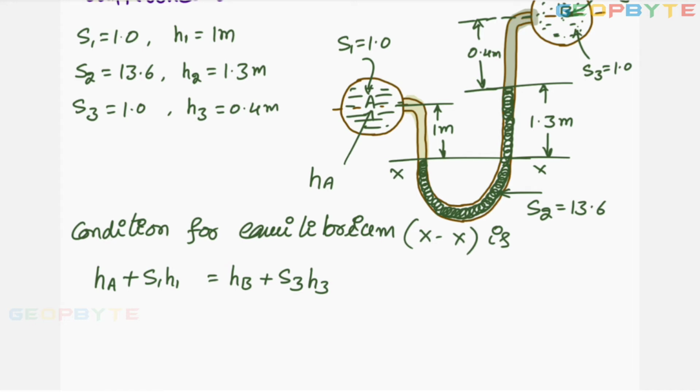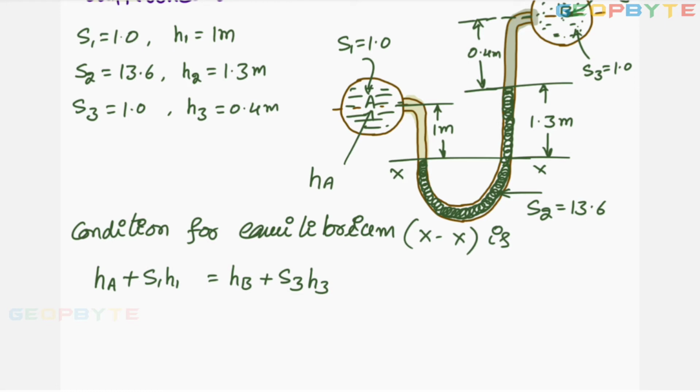Now S2H2, remember that S2H2 is to be written in the right side of the equation when the mercury is rising in the right side. But if the mercury is rising in the left side, that S2H2 should be written in the left side of the equation.